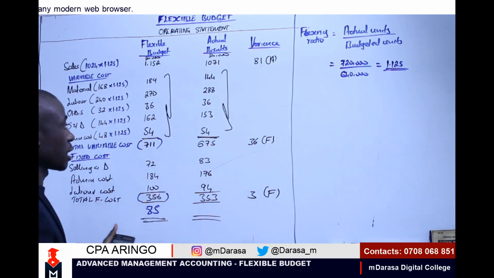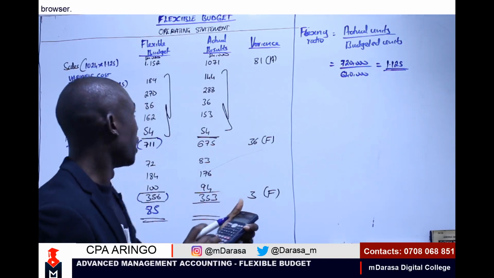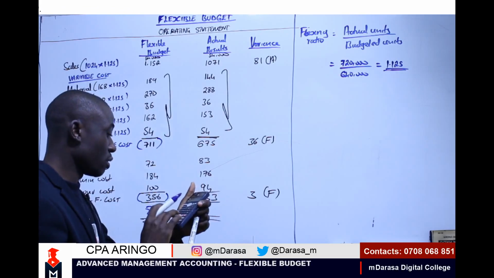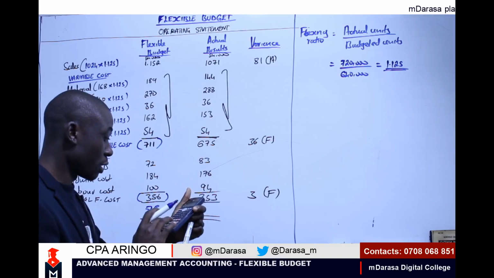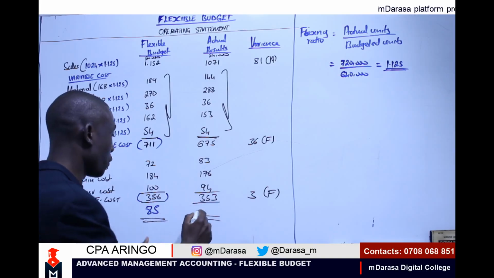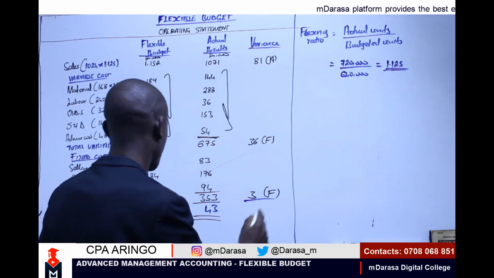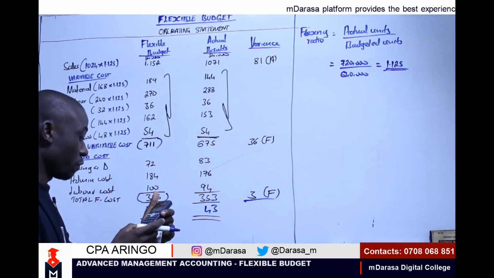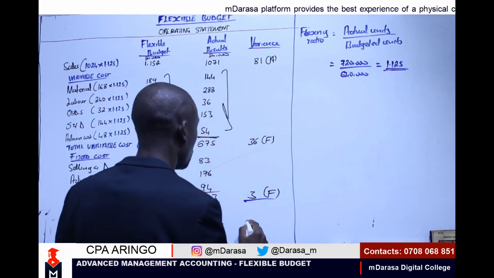What about the actual? I should be having 1071 minus 675 minus 353. So I should be talking of 43. What about our variance? I should be having 85 minus 43 to give me a figure of 42.